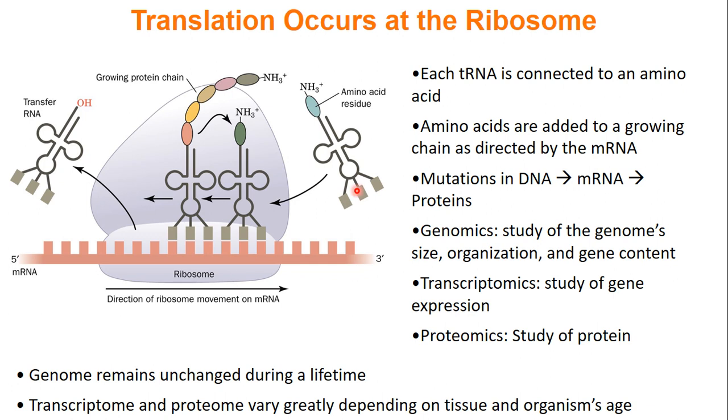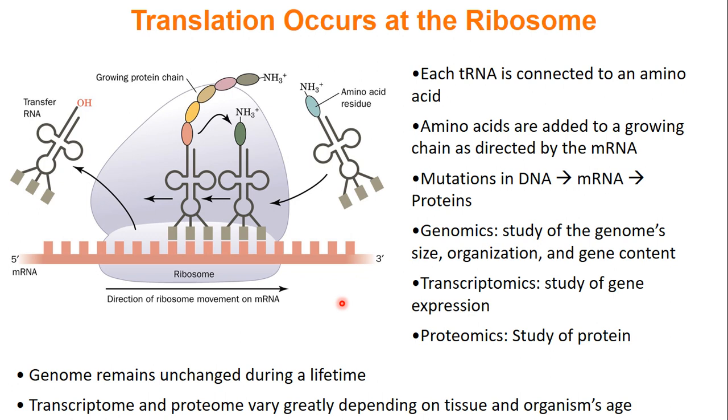And with this idea, we have some vocab words here. If you study genomics, you're studying genome size, organization, and gene content. If you study transcriptomics, you are studying gene expression. And proteomics is the study of protein content inside of a cell. Generally, the genome of an organism won't change.